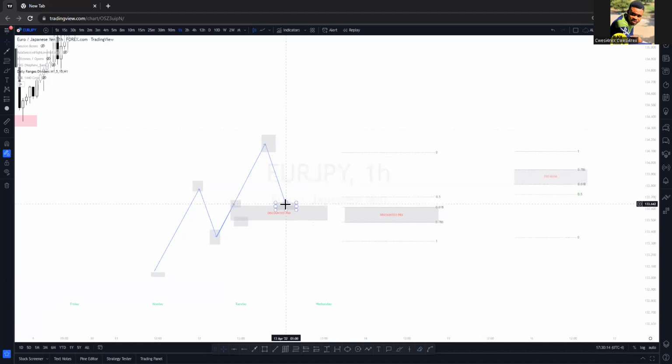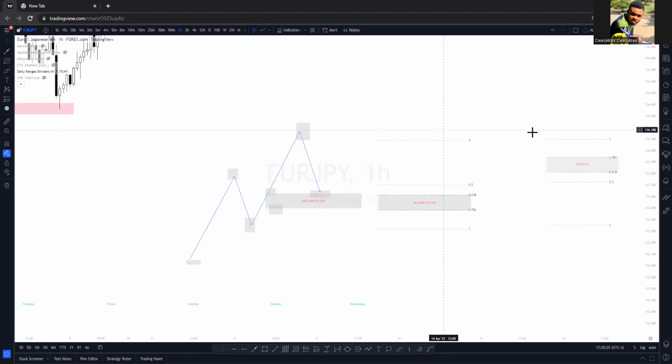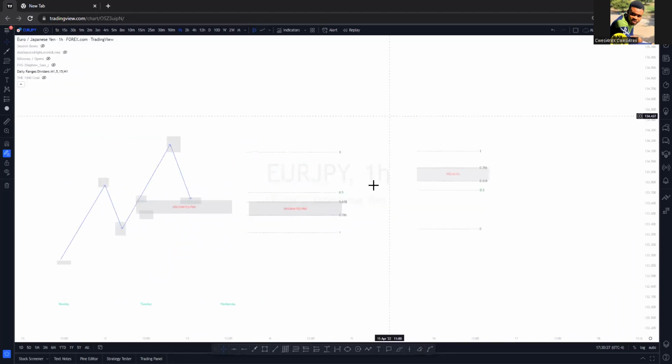You always want to have a discount on that stock or item before you cash in or buy it. It's the same thing you apply to this market. So we start looking for our point of interest within this discounted price, which can be either an order block or an inefficiency.